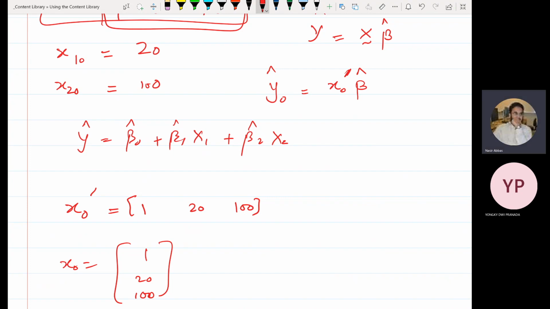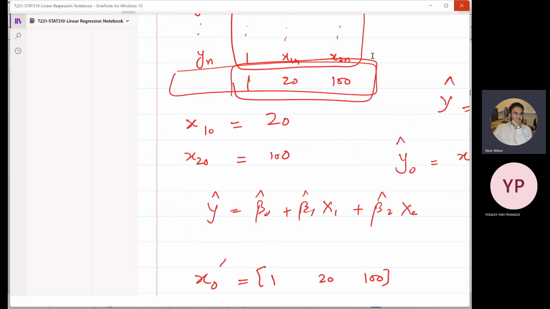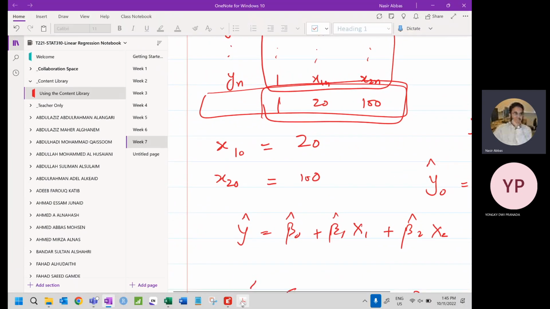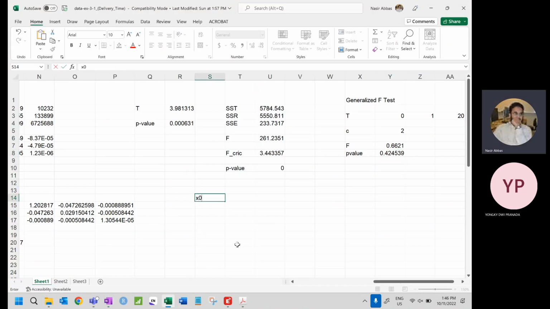So let us try to do the prediction for this setting. The first thing I will do is define the new x naught prime. You can also do it in the scalar, but the prediction interval you cannot do in the scalar. Let me define x naught prime.